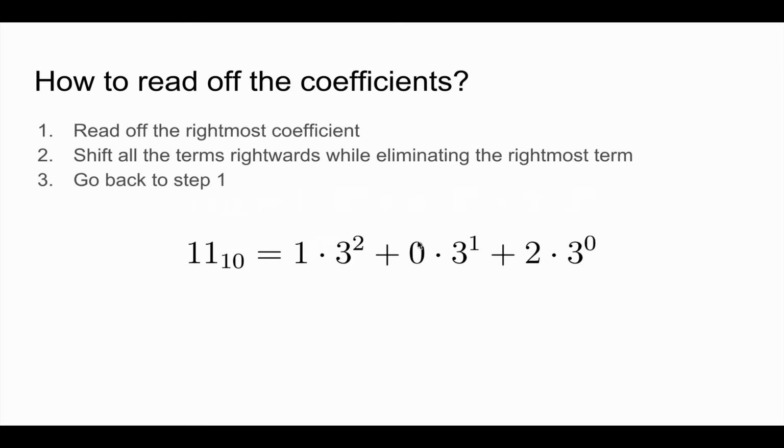So how do we do that? Well, there are many different ways, but one algorithm we could come up with is to read off the rightmost coefficient and save that somewhere, then shift these terms down to the right one, bump off the last term, and do it all over again.